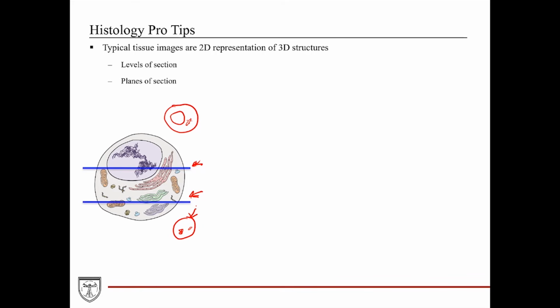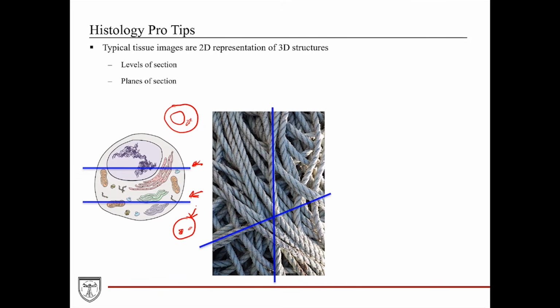Another dimensionality conundrum has to do with the plane of section. Let's say we have this bunch of rope and we've made these cross-sections. With a cross-section through this plane, imagine what type of cross-section we might see. We might see a really long longitudinal section through this rope.